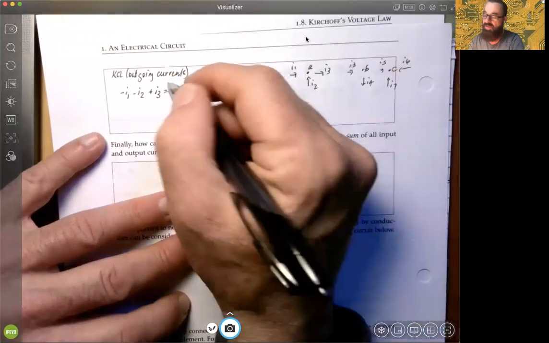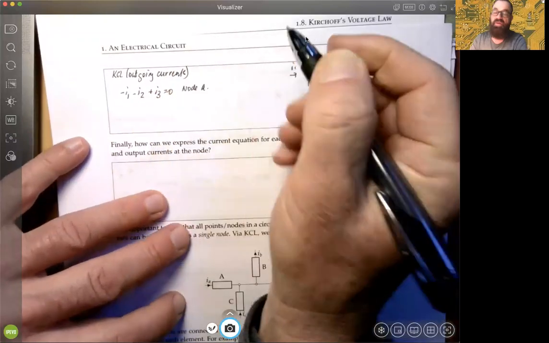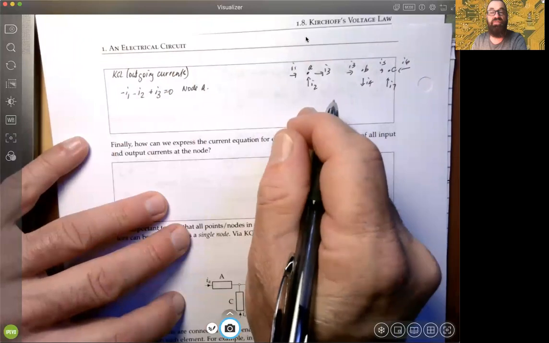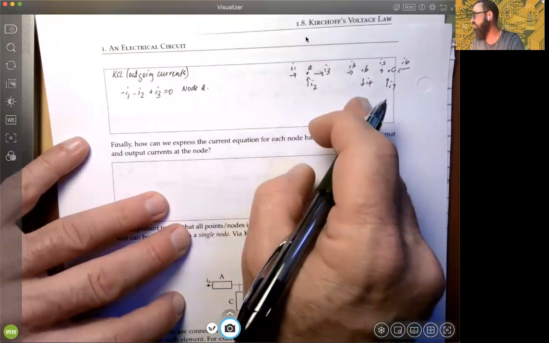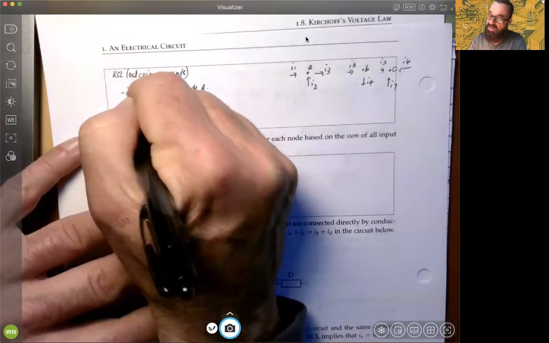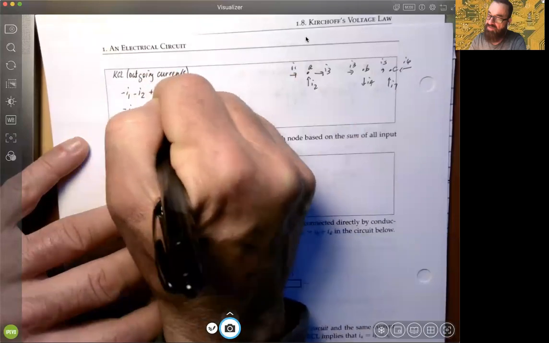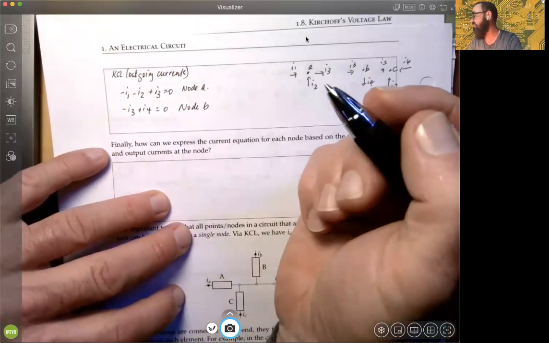That's what we would have for node A. For node B, there's only one outgoing, I4, and the other we need to flip the sign. So we have minus I3 plus I4 equals 0, basically the same equation we had earlier.